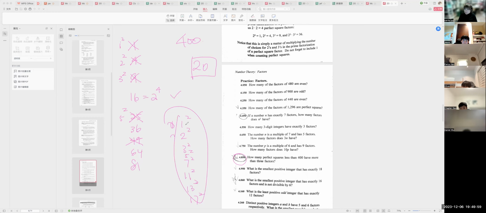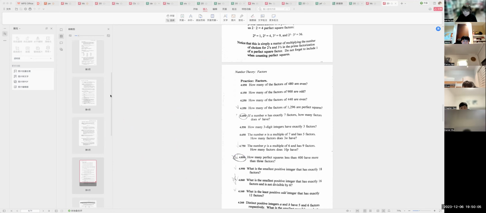Get it, everybody? Yeah, so that's pretty easy, right? So let's take a look at the next number. What is the smallest positive integer that has exactly 18 factors?